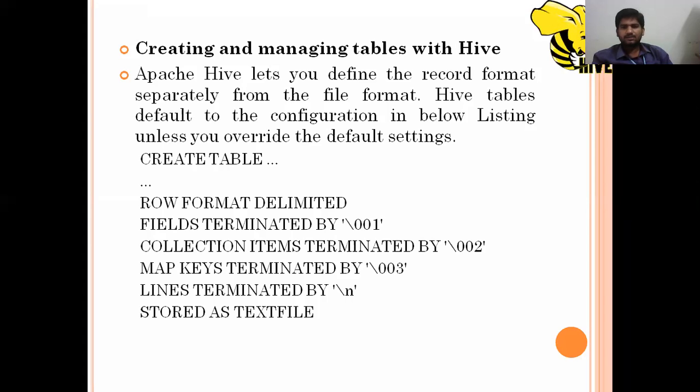So these are the default settings, and if you change them, they are automatically overridden. Again, the stored as is a text file. Here there are three different file types: text files, stream files, and data input output files that are going to be used.